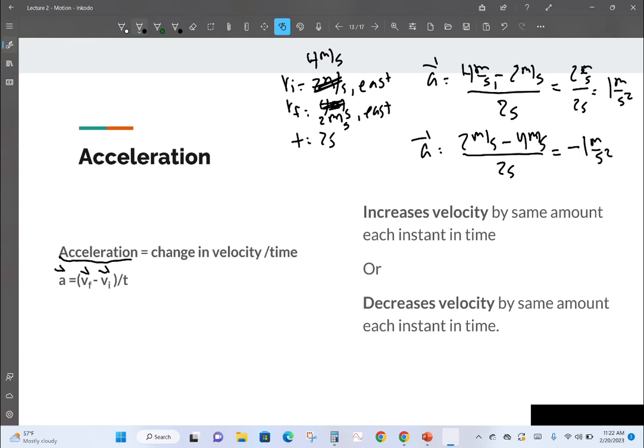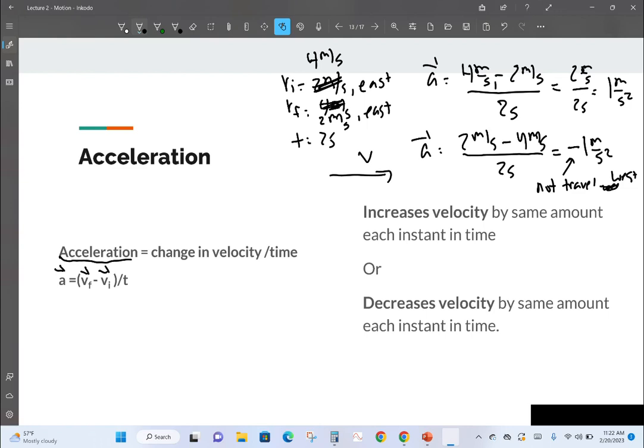Now, this negative does not mean that you're traveling west. What it means is that as you travel to the east, this was your velocity vector, you were slowing down.